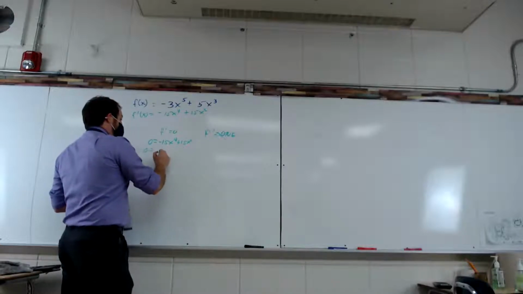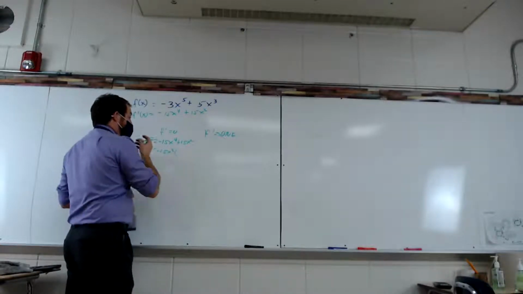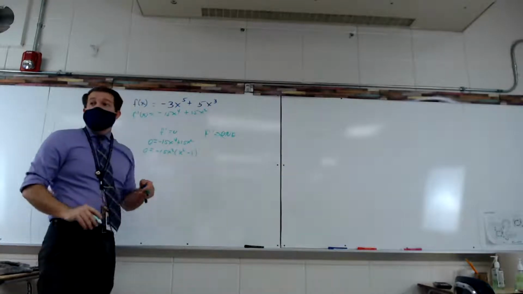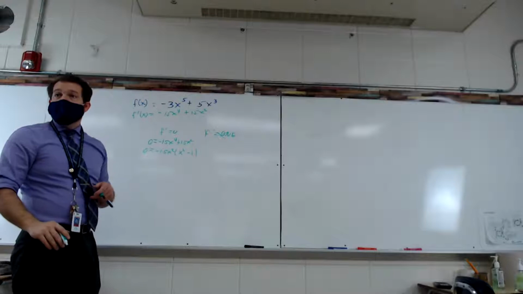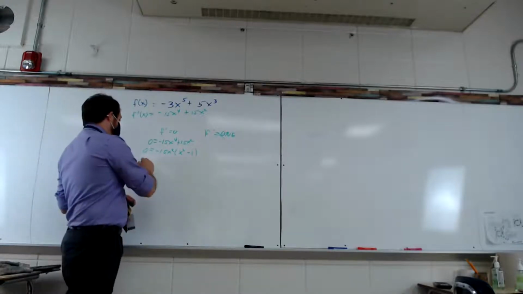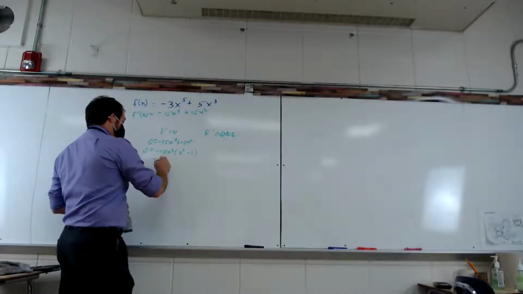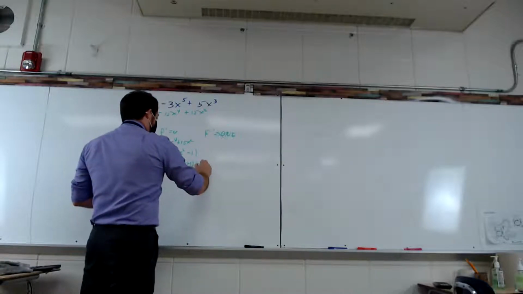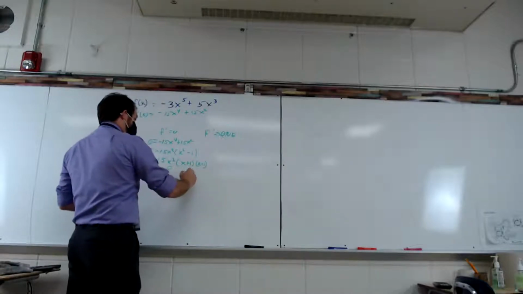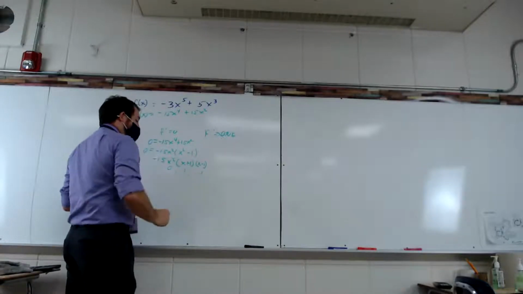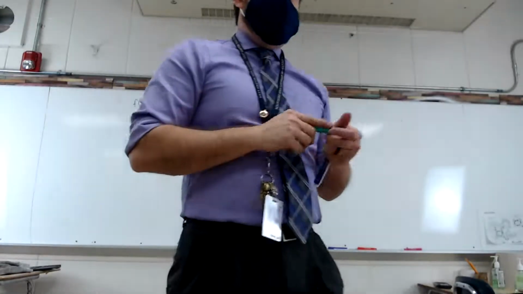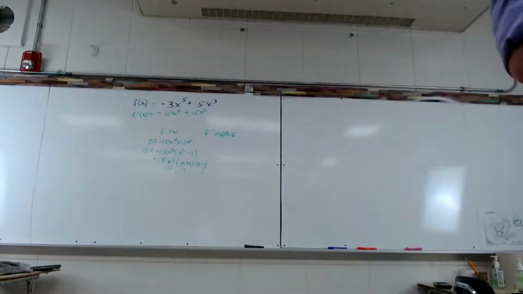I'm going to factor out a negative 15x squared because that's the GCF here. X squared minus 1 is what will remain. Yes? So this actually is going to give us 3 zeros here: 0, 1, and negative 1. These are the values that we are concerned about here. These could be relative maxes or mins according to what we might have.